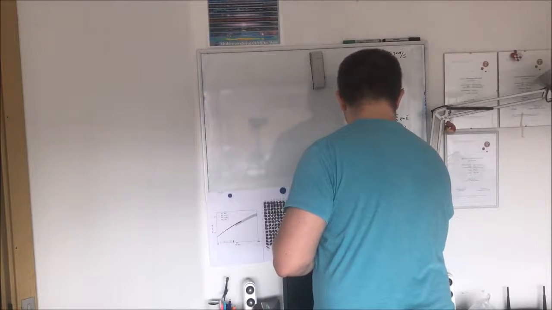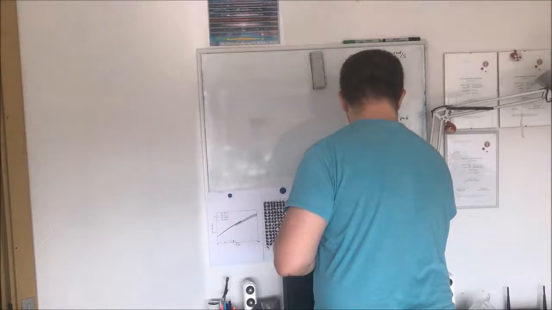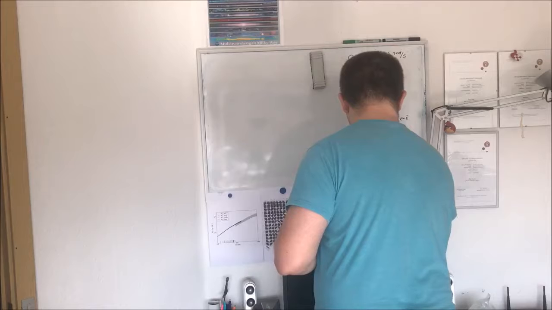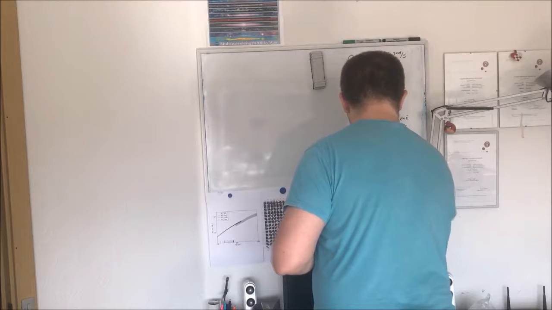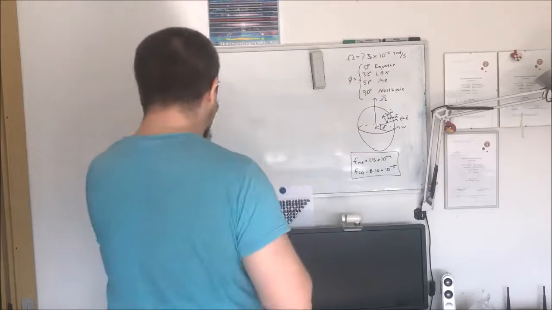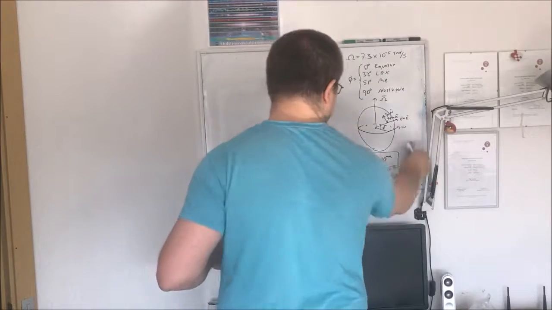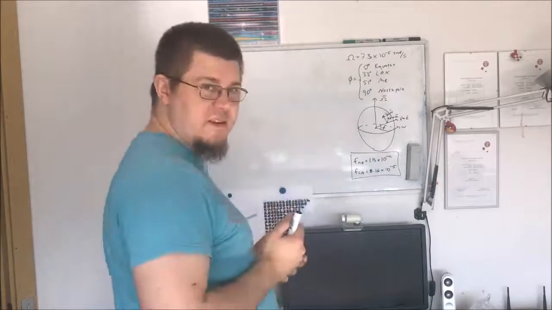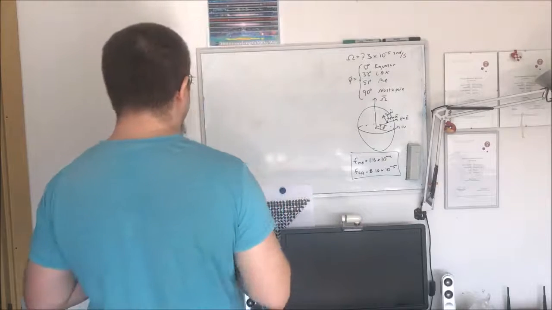That was 1.13 times 10 to the minus 4, and for LA it was 8.16 times 10 to the minus 5, just so that we have those numbers. Let's introduce now the Coriolis acceleration, what this is really about.